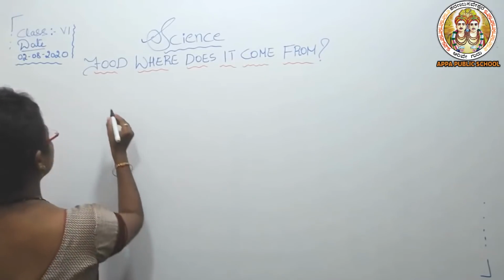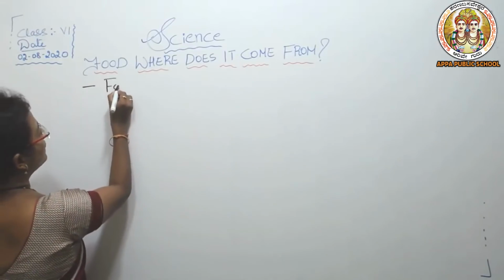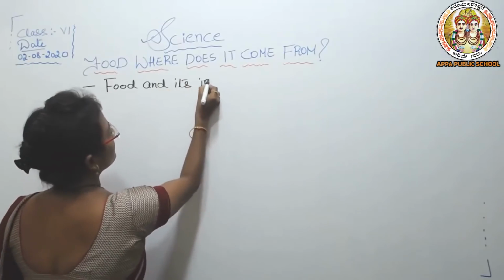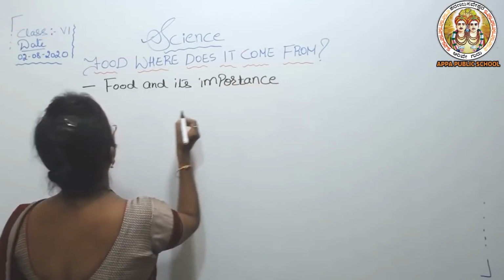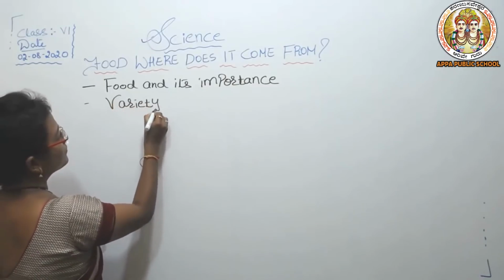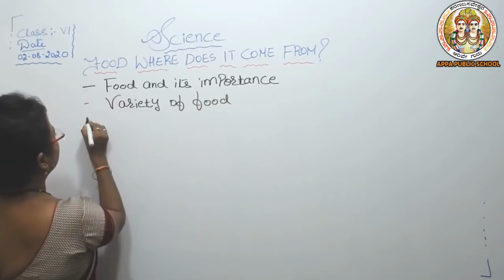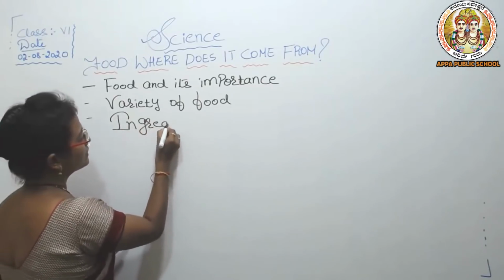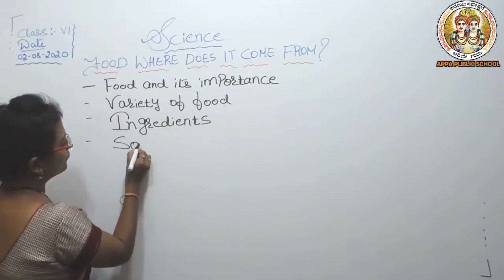So let me write here which are the topics which we are going to learn today. First, food and its importance. Next, variety of food. Next, ingredients. Next, sources of food.